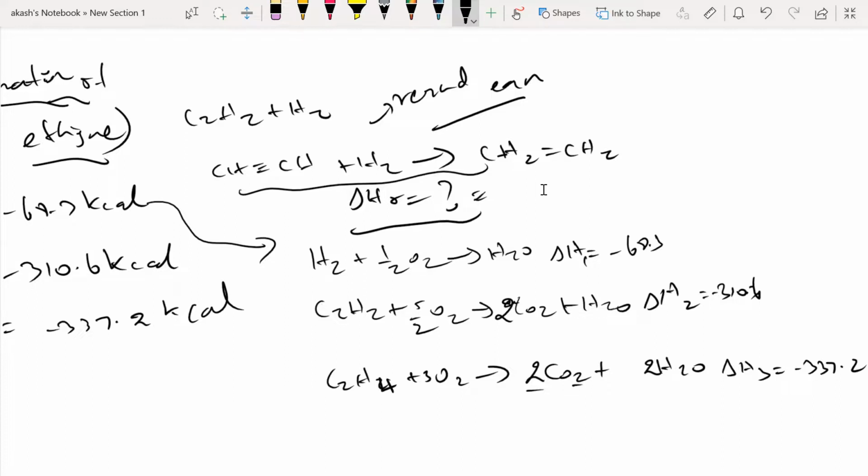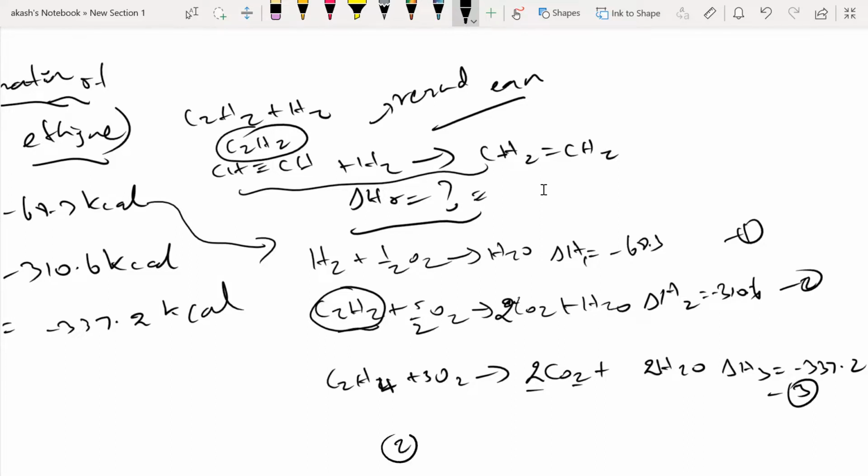Okay, done. So all that you have to look into is, we require C2H2 in the reactant side. Where is C2H2? C2H2 is here, and it is indeed in the reactant side. So we can keep the second equation as such. This is the first equation, this is the second equation, this is the third equation.